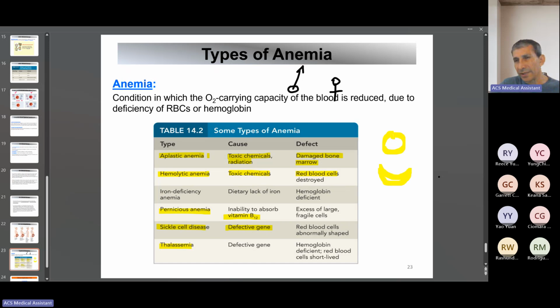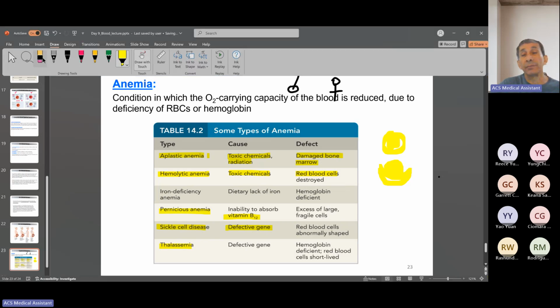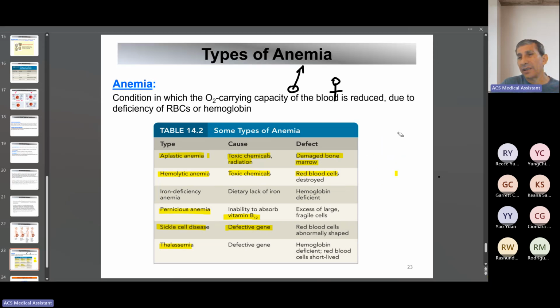So there is no center. There is no space to put the hemoglobin. Because it lacks this part, you don't have hemoglobin. But that is an inherited condition. Remember, that is an inherited condition. If your parents have sickle cell, then some of you are going to develop sickle cell anemia.